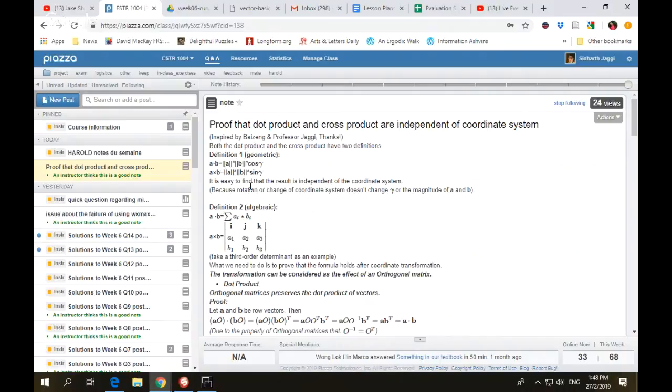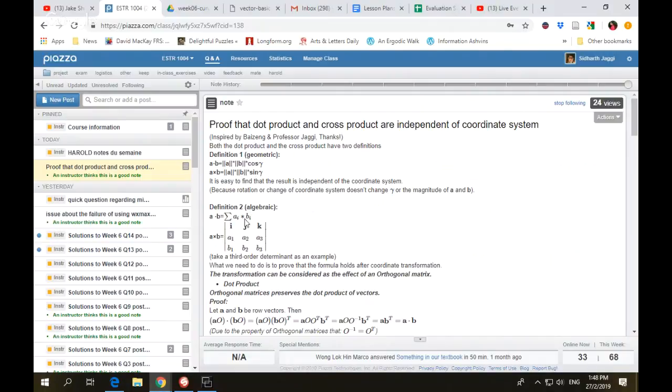This is the magnitude. And for the cross product, the direction of the corresponding vector is given by the right-hand rule. I'm calling that a geometric description, because it is purely in terms of geometric objects: length, angle, and a certain direction given by a right-hand rule.